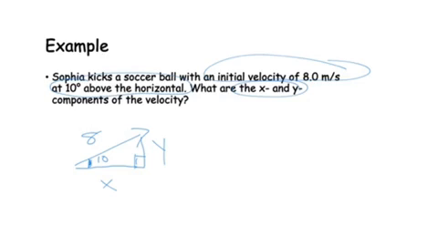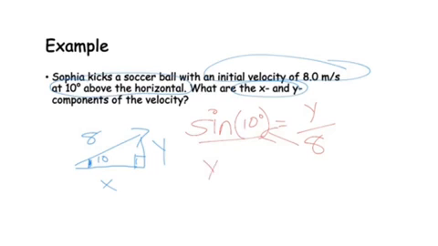I'm looking for the opposite. I have the hypotenuse and the angle, so I'm going to use the sine function here. Sine of my 10 degrees equals opposite over hypotenuse. Our opposite was y, our hypotenuse is 8. Now we're just going to do a little bit of algebra, solve this and cross multiply. When I do that, my y component is 1.39, and this is velocity, so meters per second.